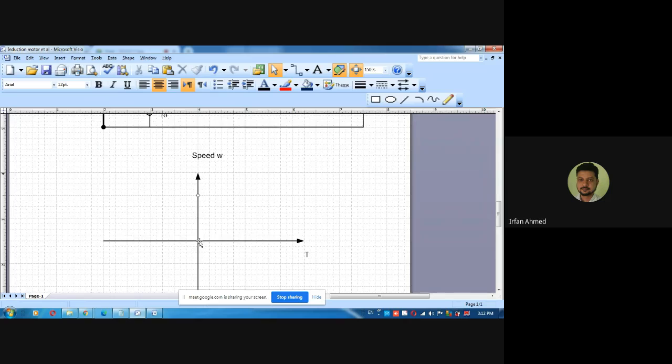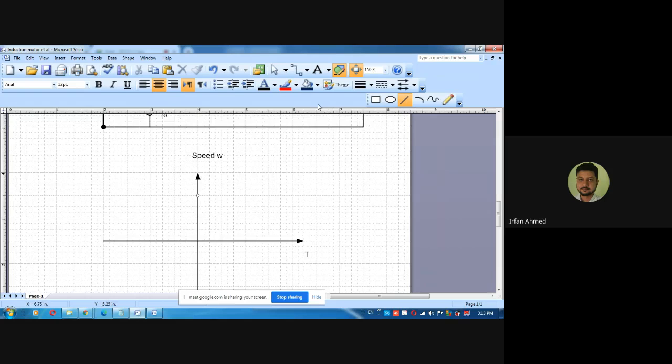Here the speed is 0. The speed is now increasing in this direction. The slip is increasing in the opposite direction. So here the speed is 0, the slip is 1, and here the speed is the synchronous speed, and the value of slip is 0.